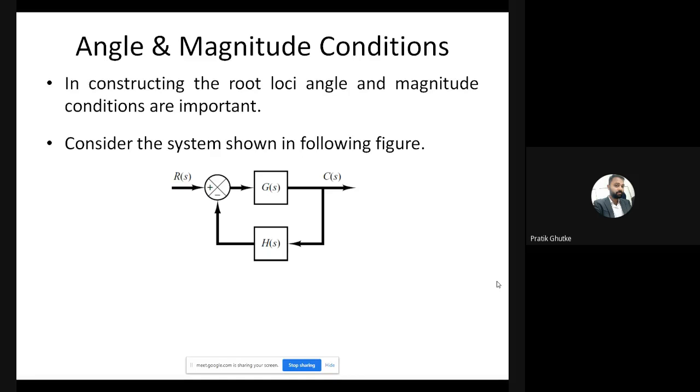Yes, Sukesh? Sir, what did you say? What will be the closed loop transfer function of the diagram shown in the figure?